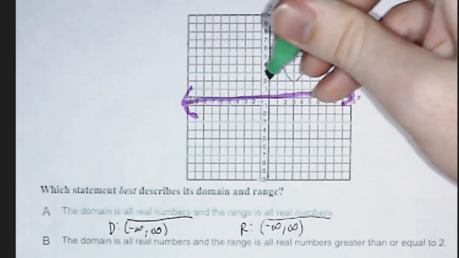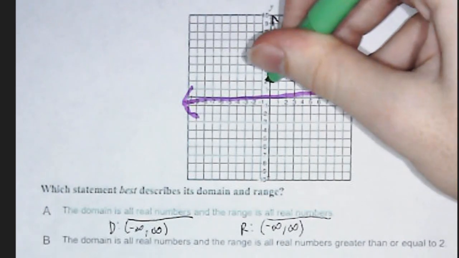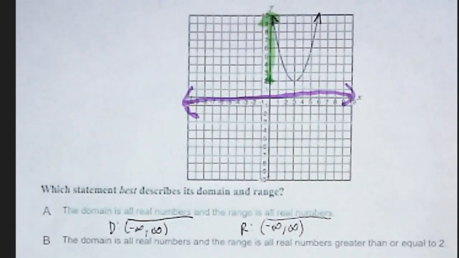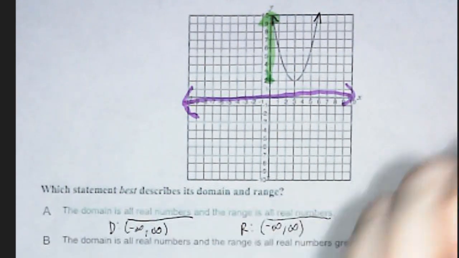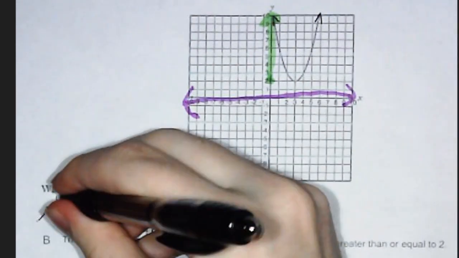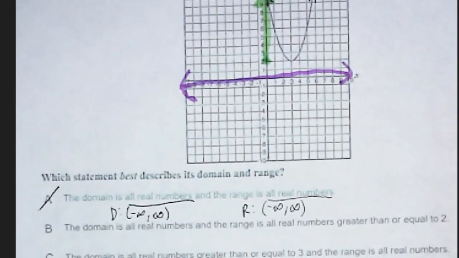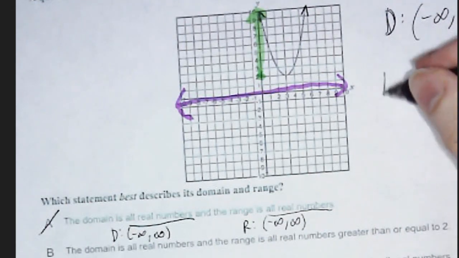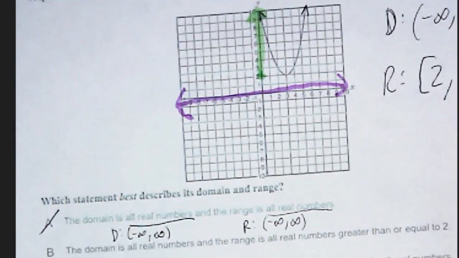It starts at 2 and then goes all the way up. So because the range is not all real numbers, we can eliminate A. A better way to put this is the domain does go from negative infinity to positive infinity, but the range starts at 2 and then it goes up to infinity.